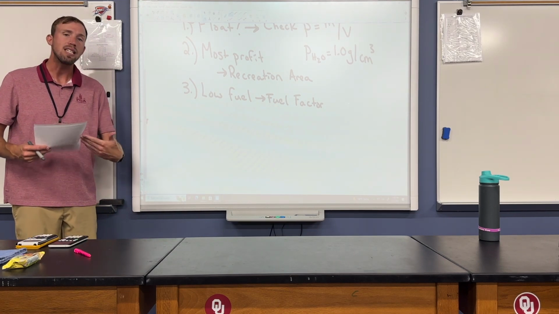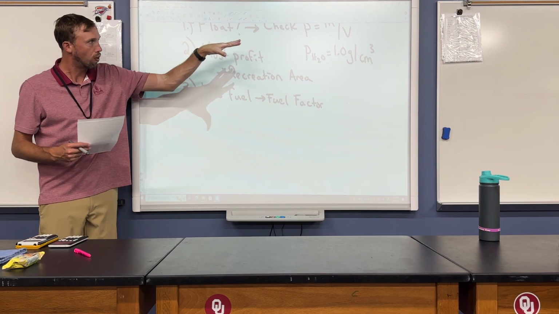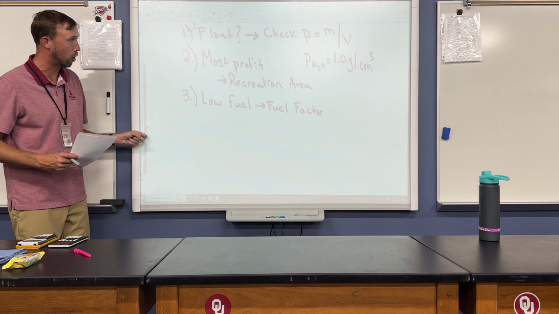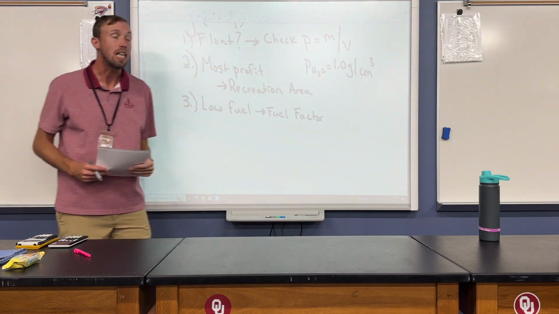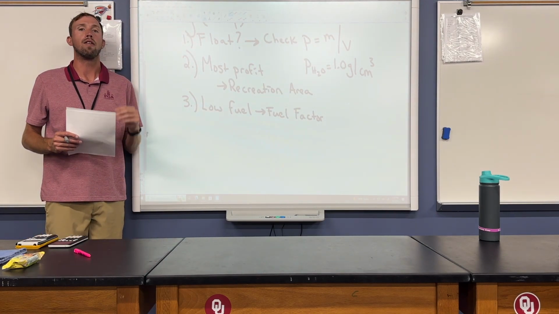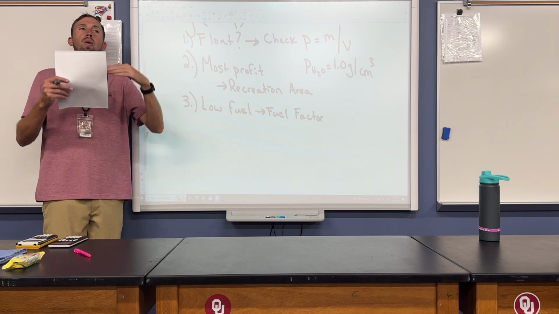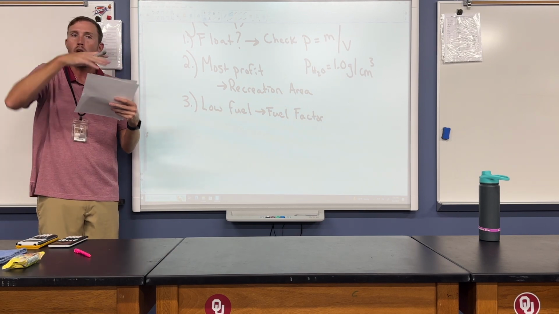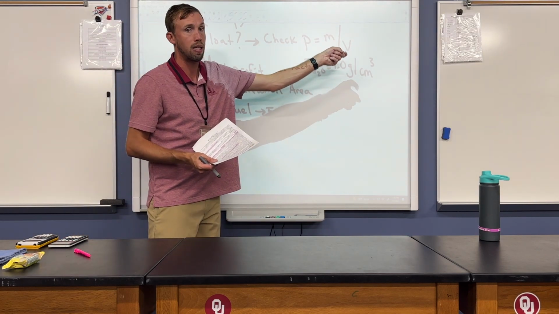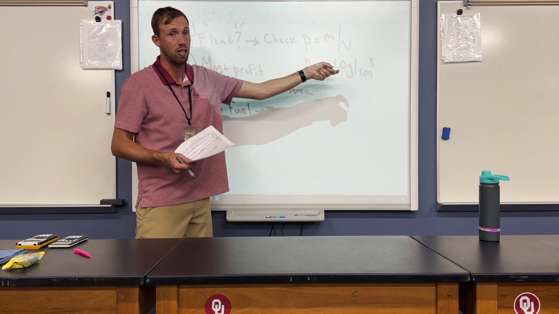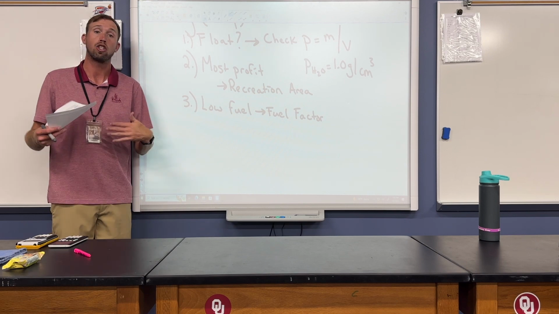Well, remember, density, at least for what we're dealing with here, volumetric density, gives us an idea of what our object's going to do when it's resting on or around a liquid. And so we want to make sure that our ship is less dense than the water that it's in, otherwise that would be a bad thing, the ship would sink.